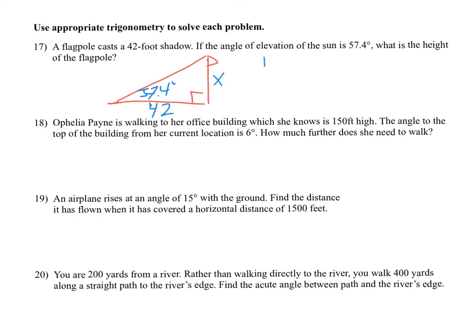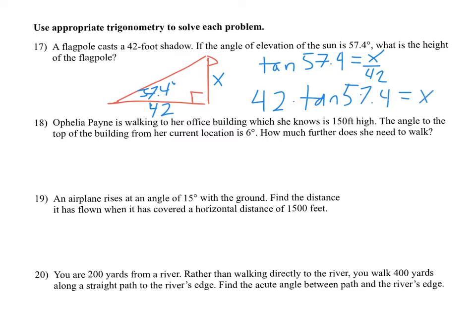This is going to be tangent. So tangent of 57.4 is equal to x over 42. 42 times the tangent of 57.4 would be my height. Do that out and you're good to go.